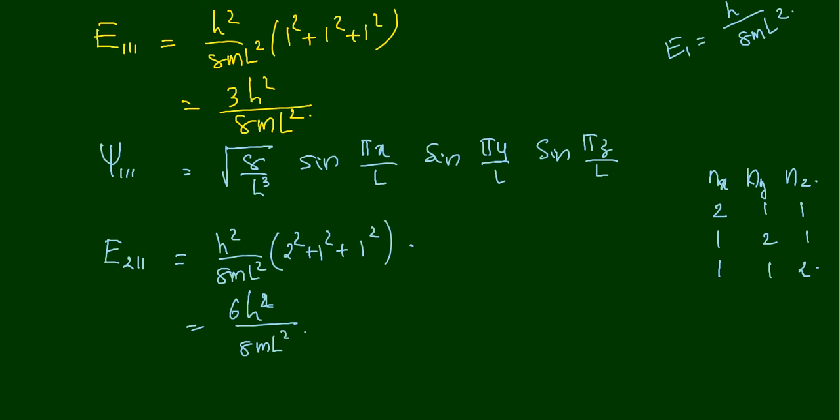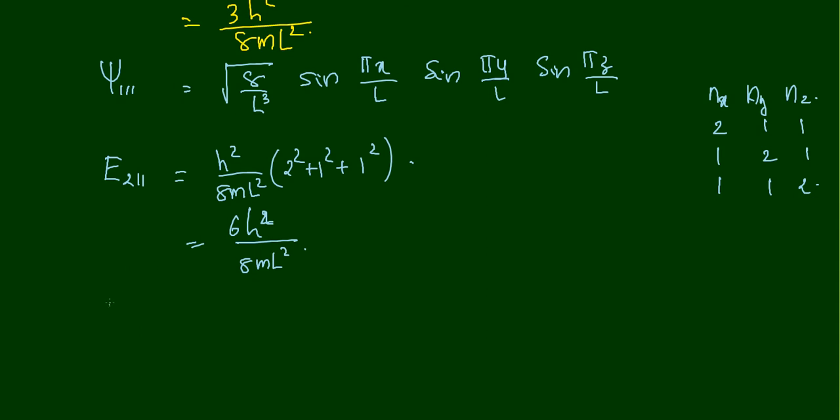Then what is the case of E121? E121 is also equal to h square divided by 8 mL square into 1 square plus 2 square plus 1 square. The same value, right?